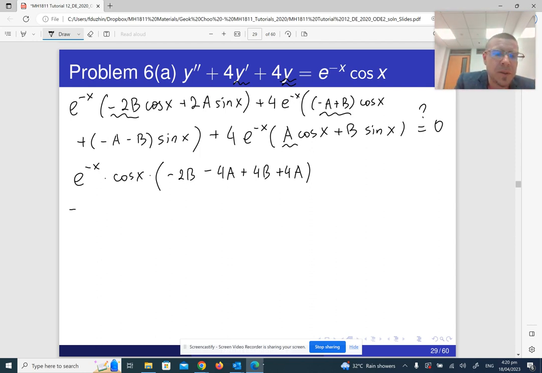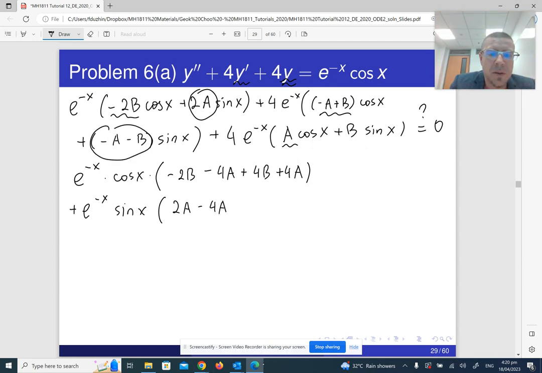Right, and plus e to the minus x sine x times, so now I'm going to do the same thing for sine x. So I have 2a, then I have these two, so minus 4a minus 4b, and finally I have this one, so plus 4b. So this should be equal to 0.